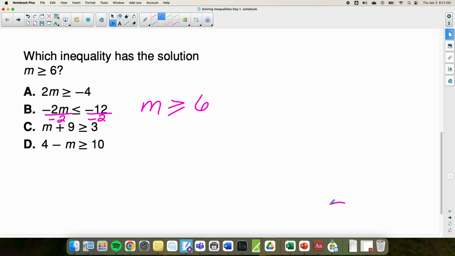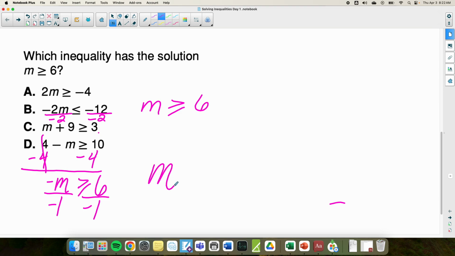But if I were you, I would look at the other two just to make sure. So here, if I subtract 9, it's a -6. And here, if I subtract 4, I get -m is greater than or equal to 10 minus 4, which is 6. And then I divide by a -1.